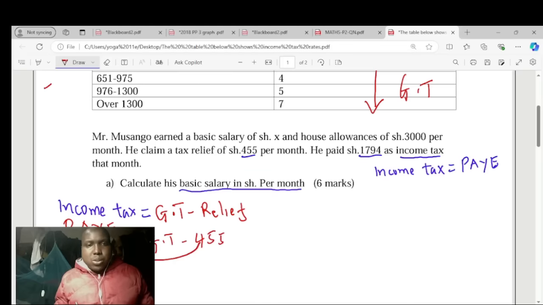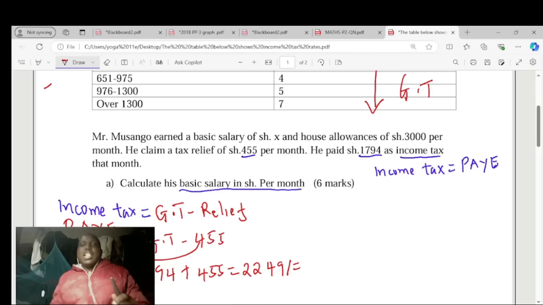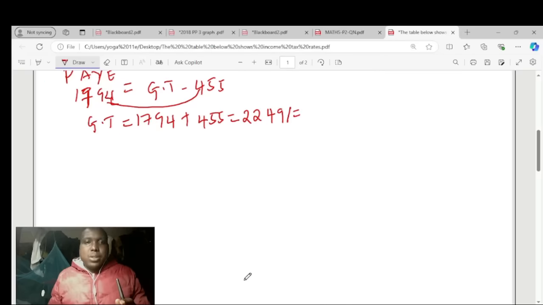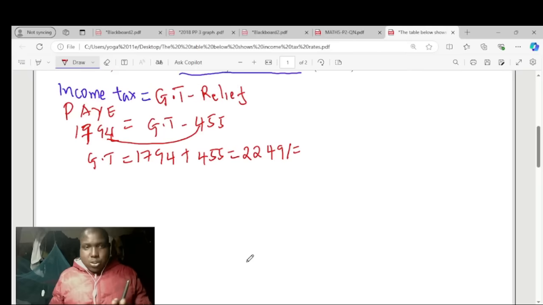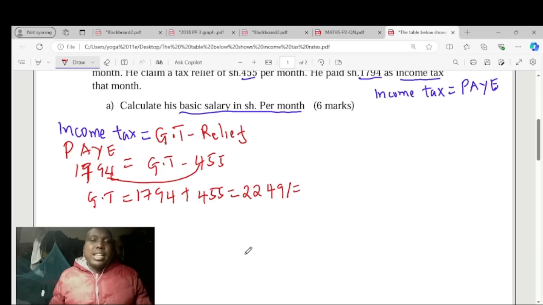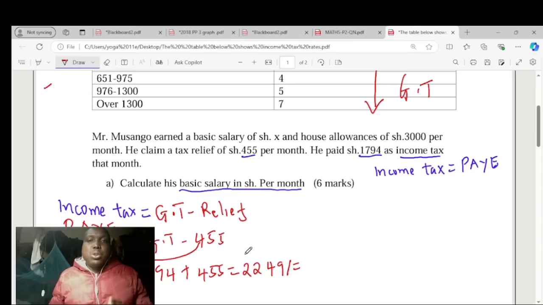So GT, gross tax, is equal to 1794 plus 455, and our gross tax is equal to 2,049 shillings per month. Now tumepata what we call the gross tax. Sasa tunarudi kwa table, tunafanya taxation. Tukishafanya taxation, tunaangalia tufanye tax, because lengo letu sasa ni kutafuta taxable income. Taxable income ndio hatuna.